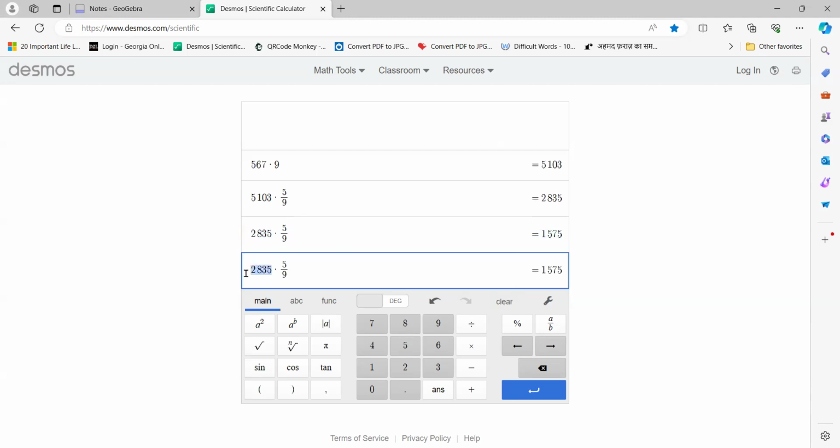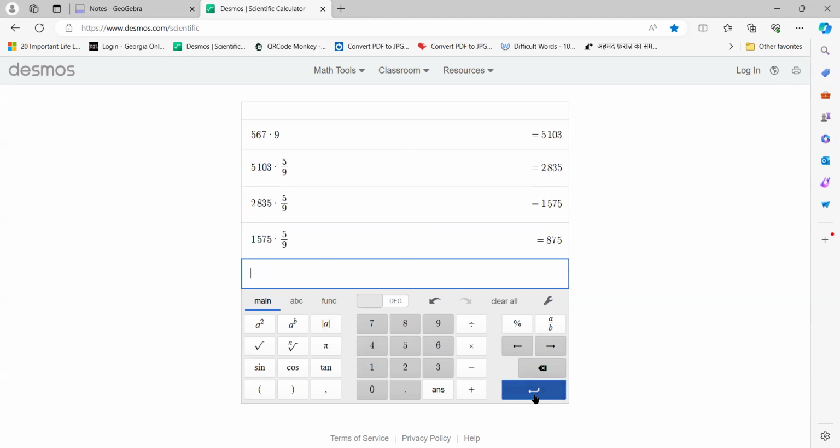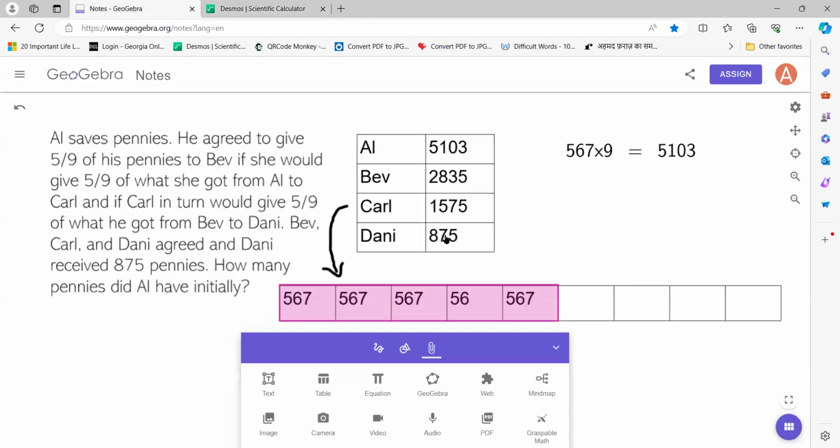And I'm going to find 5/9 of 1,575. And I'm getting 875. And that's exactly what the question said Danny received. So I kind of know I am correct. That's my answer right here.